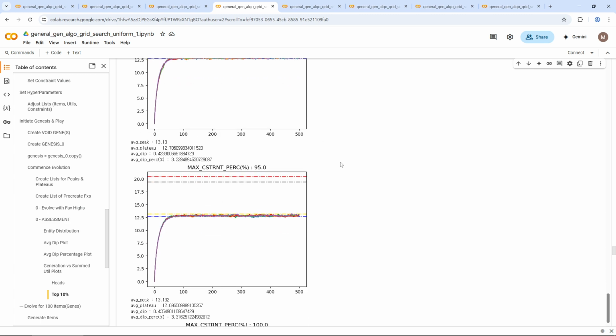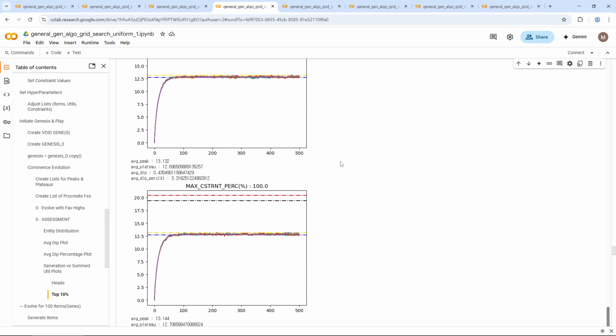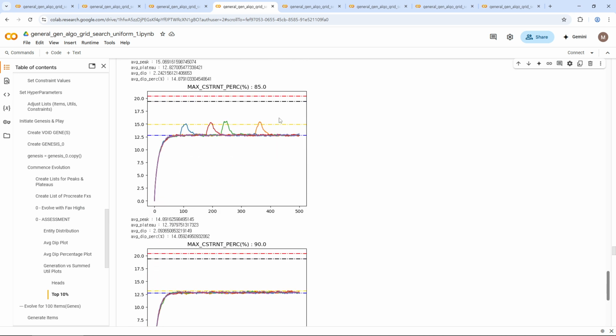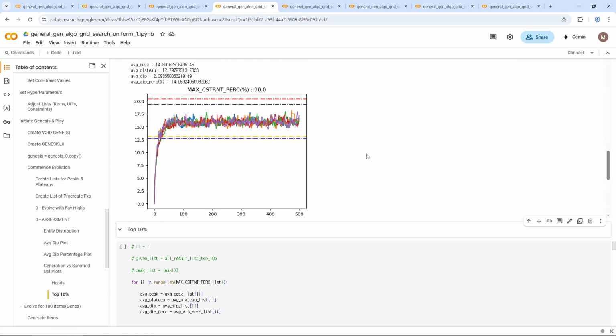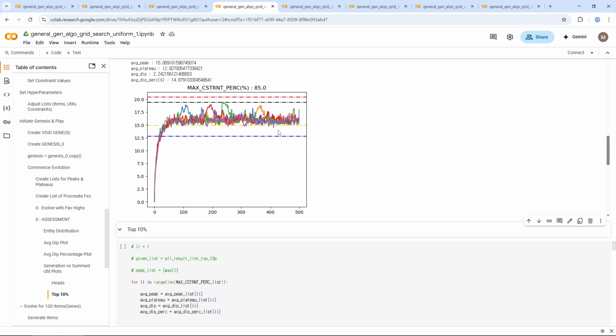And then it just kept going down. Yeah, so these are quite, well, I don't know. 85. Yeah, these four peaks were quite lucky. No, we got lucky.